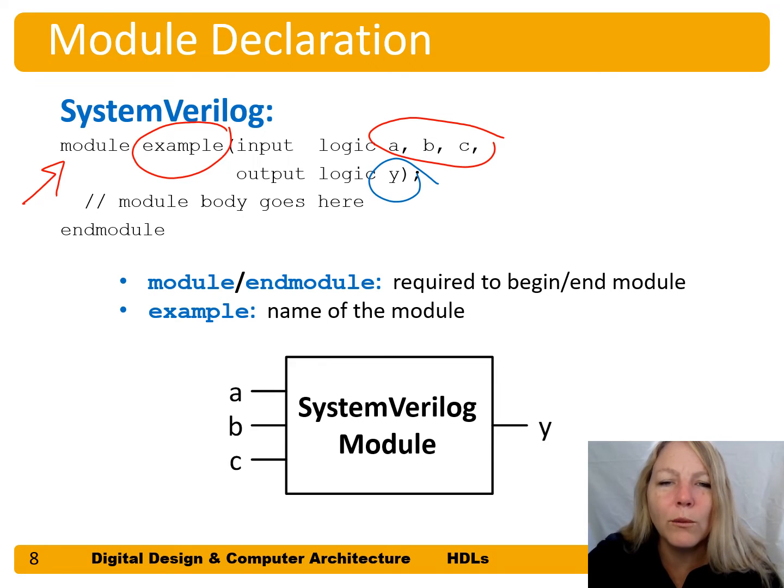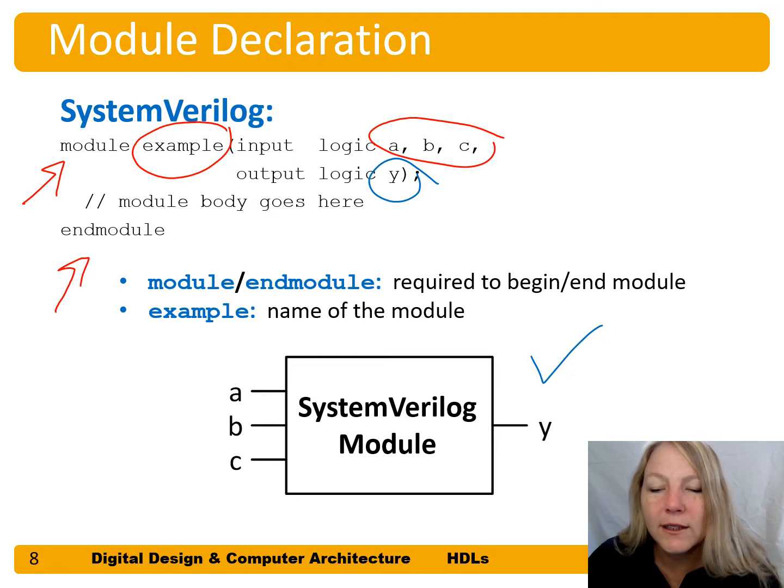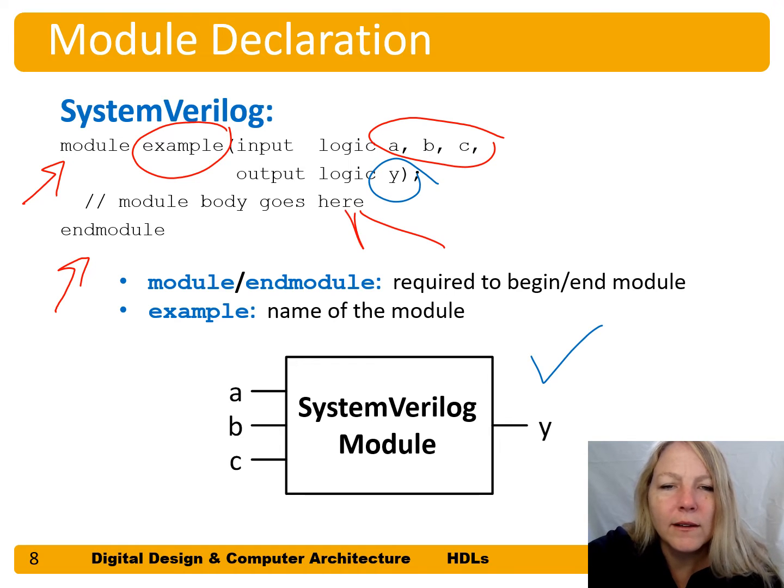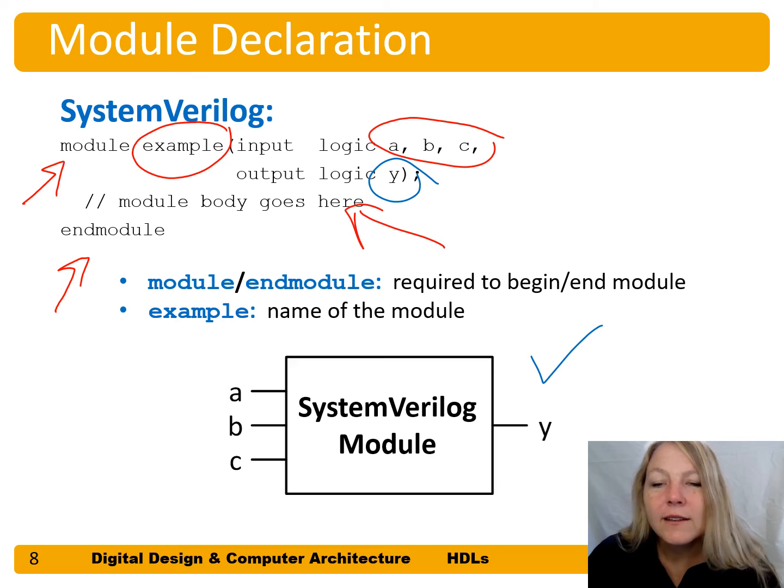In this case, we have one output, output Y. So if we were to draw a black box of our system, this is what it would look like. And the last thing that we need to have for our module declaration is this keyword endmodule that says, hey, that's the end of the module. And then we'll put some module body stating what the function of that module is. And we'll talk about that next.